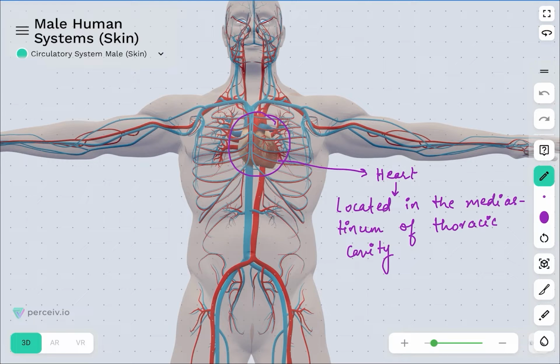The mediastinum represents the space between two lungs. So, this is the location of the heart in the human body.